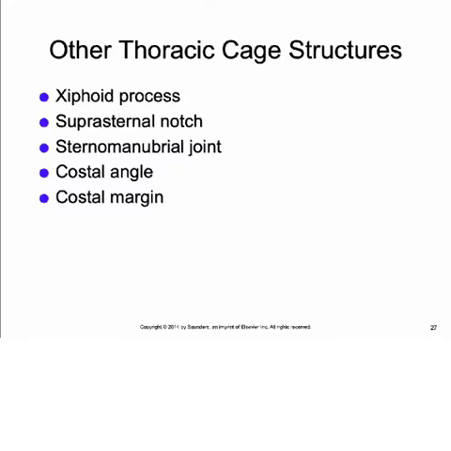Okay, the costal margins and the costal angles, important structures as well. The costal angle is basically the bend that the ribs take as they articulate, right? And the costal margin is where the ribs meet the costal cartilage.